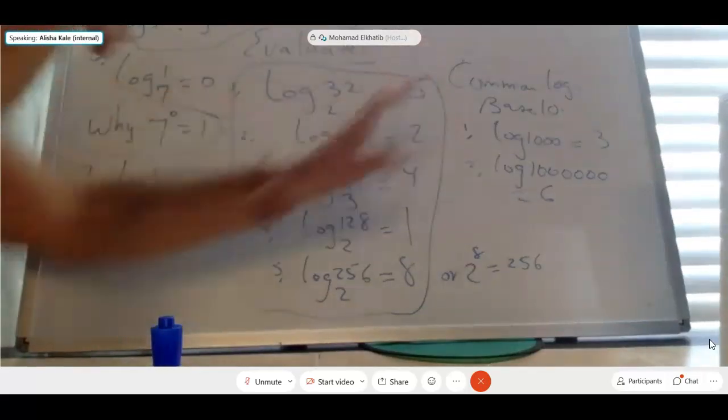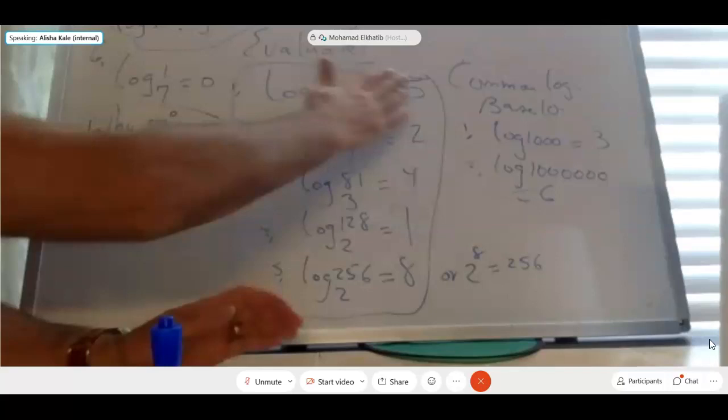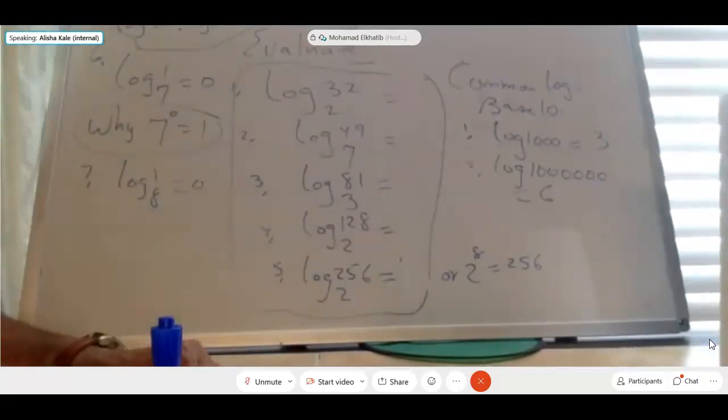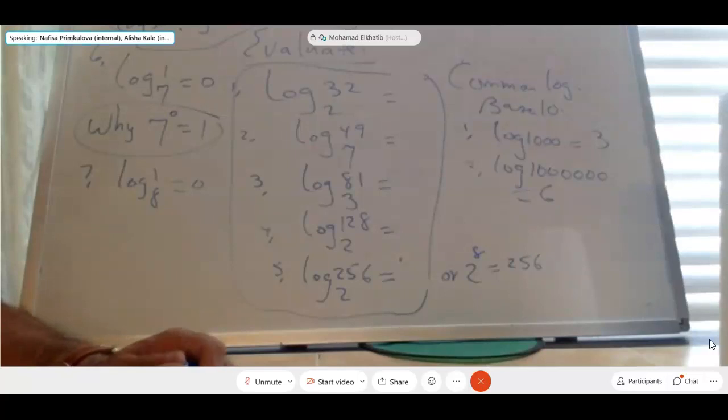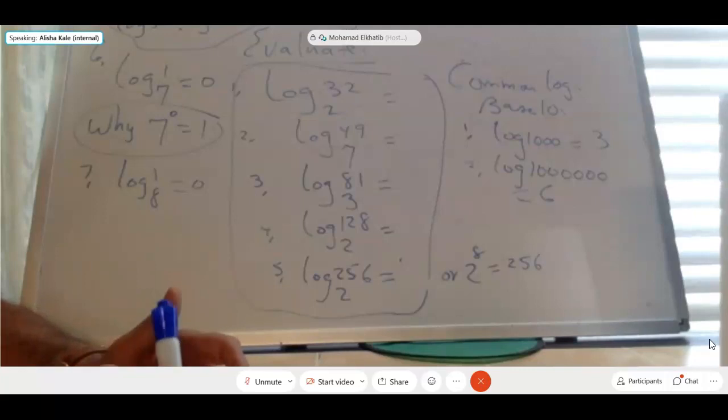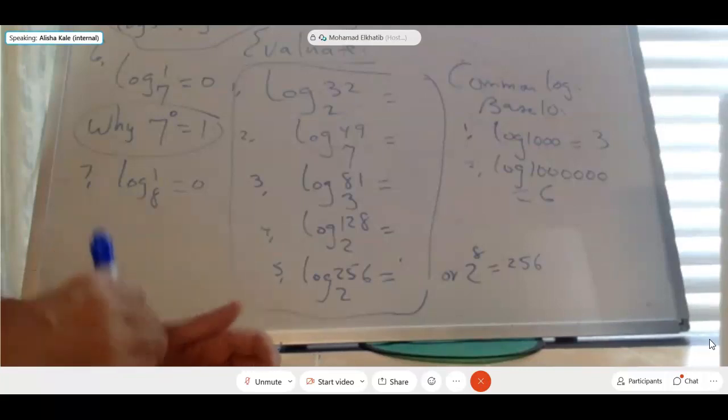No. We don't know these numbers, we're going to find them. When you say log 32 divided by 2, what do you mean exactly? You're not understanding me again. I didn't say log 32 divided by 2. I said log 32 divided by log 2.